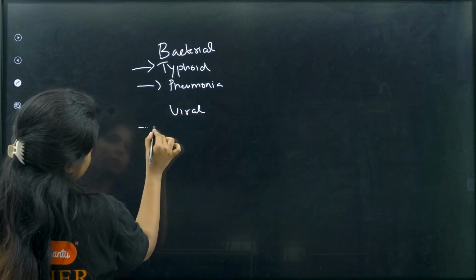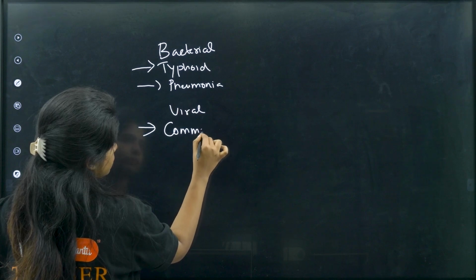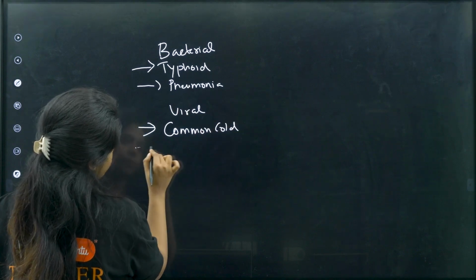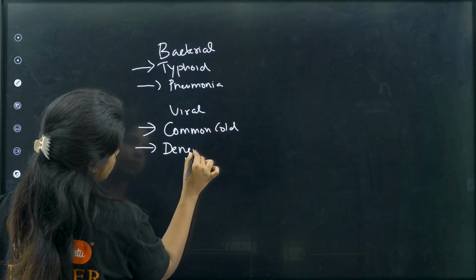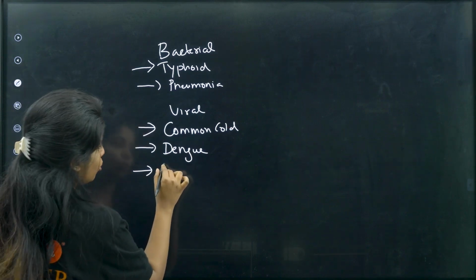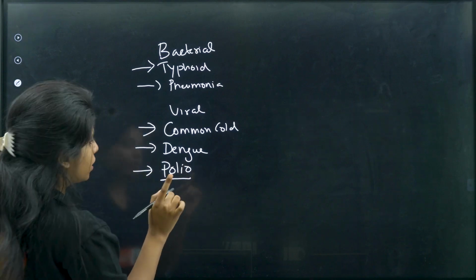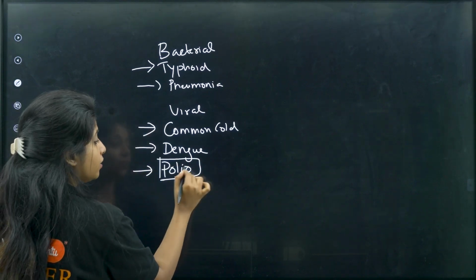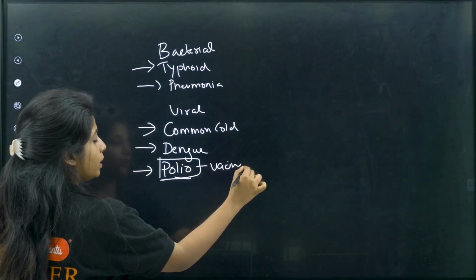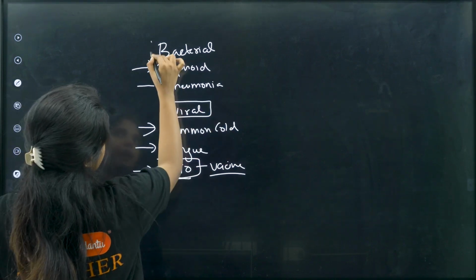In viral disease, the example that is given in your book is common cold, dengue, and polio. Polio and dengue are not explained, but they are given in your book. Polio is completely eradicated with the help of vaccine. So that is viral. Bacterial done, viral done.